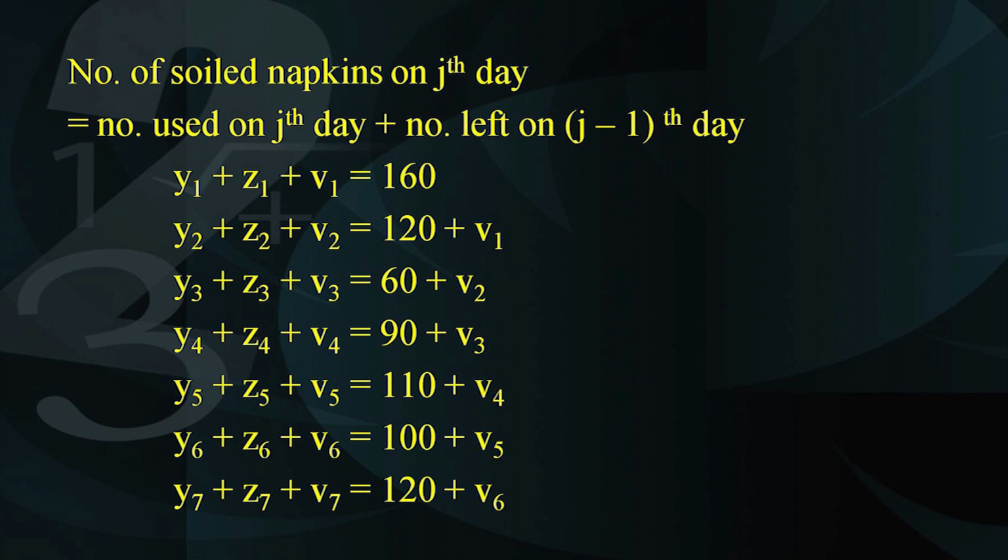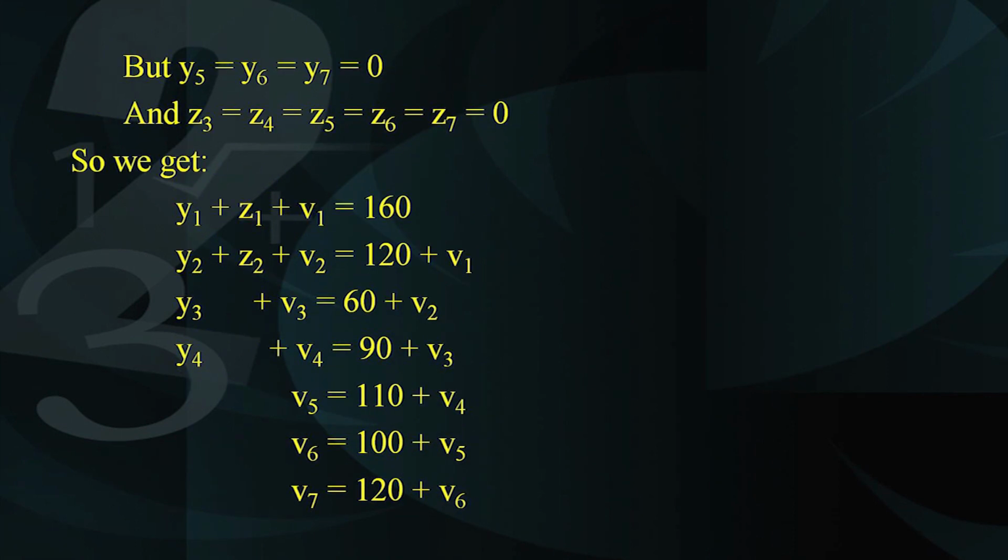So, these are the constraints corresponding to each of the 7 days of the week, but we find that some of the y's are zeros and some of the z's are 0. So, therefore, if you substitute these conditions back into those previous equations, finally, we get this set of equations.